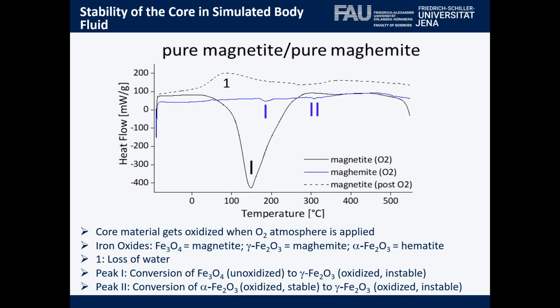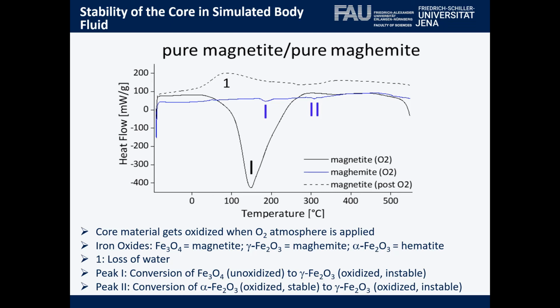We investigated pure magnetite and pure maghemite cores with a DSC under oxygen atmosphere, and we can see the black line. This is the magnetite, where we see a large peak number 1, and we see the blue line.